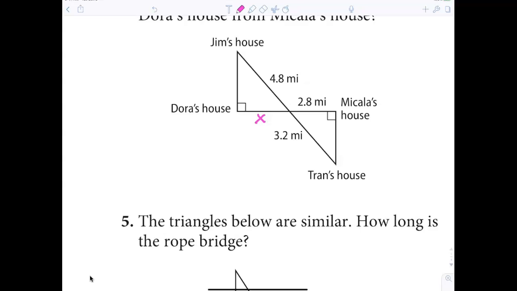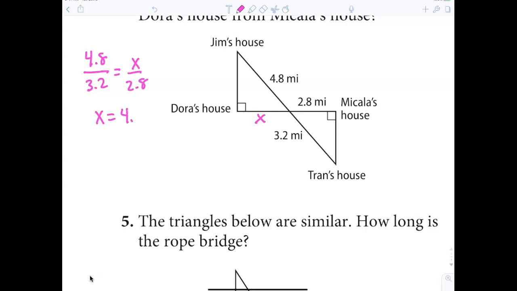I like what you did. 4.8 over 3.2 is equal to? Yes, you're amazing. X over 2.8. And now I want you to use your calculator to tell me what it is. 4.2.